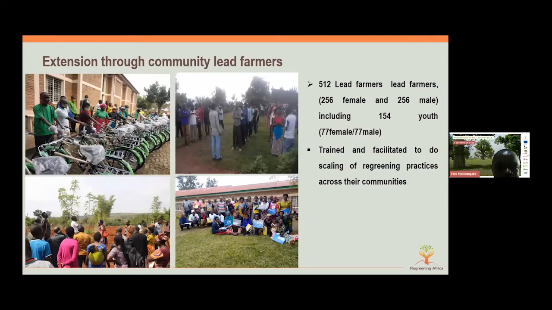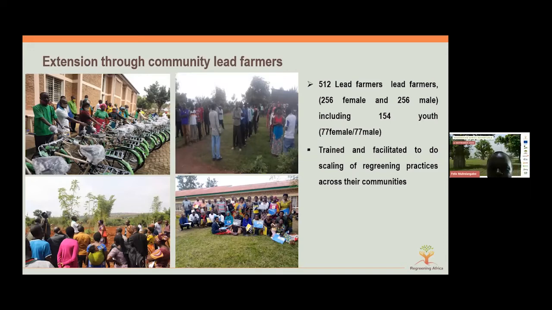To be able to succeed with this approach, we have community-led farmers. These are men and women of integrity who are elected by their fellow farmers in the respective villages. Each lead farmer oversees about 40 households, and is able to carry out extension peer-to-peer through visits, showing them how to practice tree planting.